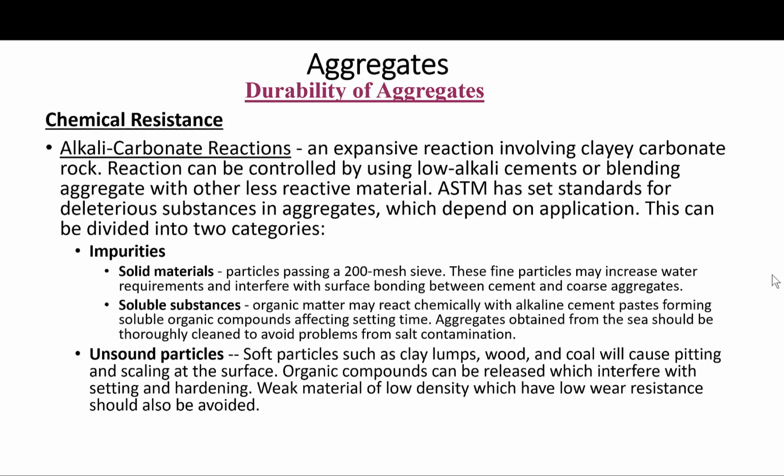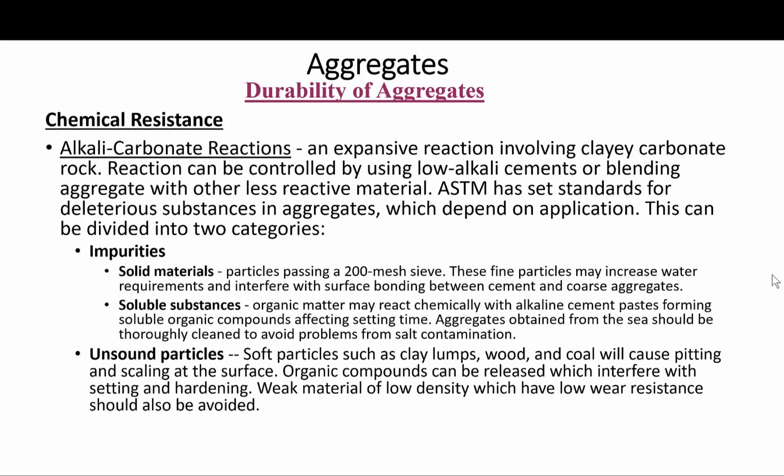First, solid materials, which particles pass a 200 mesh sieve. These fine particles may increase water requirement and also interfere with the surface bonding between cement and coarse aggregates.